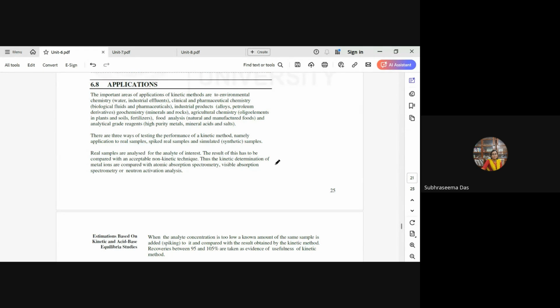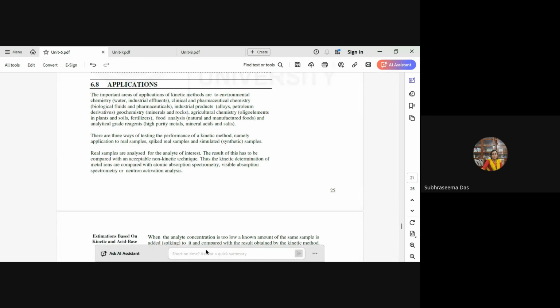Now, real samples are actually the analyte of interest. The result has to be compared with an acceptable non-kinetic technique. Thus, the kinetic determination of metal ions is compared by AAS, that is atomic absorption spectrometry, visible spectrometry, or NAA, that is neutron activation analysis.